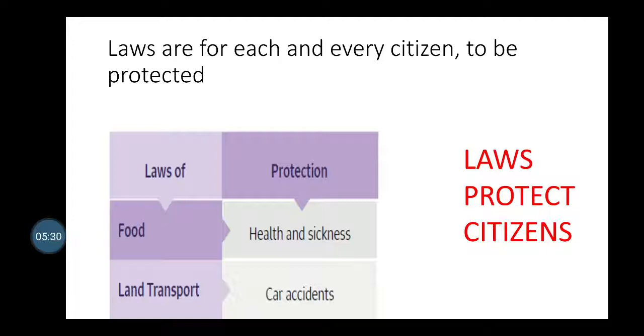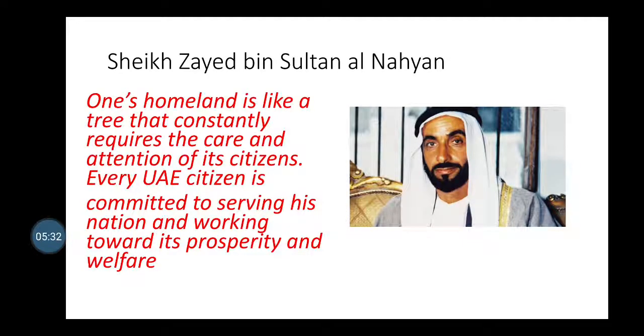I need from you to consider this quote by Sheikh Zayed bin Sultan, may Allah place peace upon his soul. One's homeland is like a tree that constantly requires the care and the attention of its citizens.